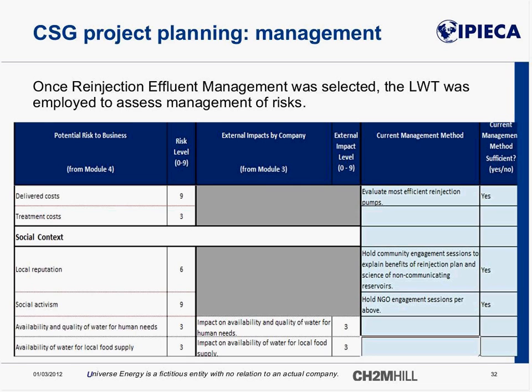And the risks that they had were around delivered costs, meaning how much would it cost to reinject, and their management plan around that was to evaluate the most efficient reinjection pumps and look at operating scenarios to minimize costs. And then they also had risks around reputation and social activism, just as managing water out in this area, and local stakeholders would be interested.